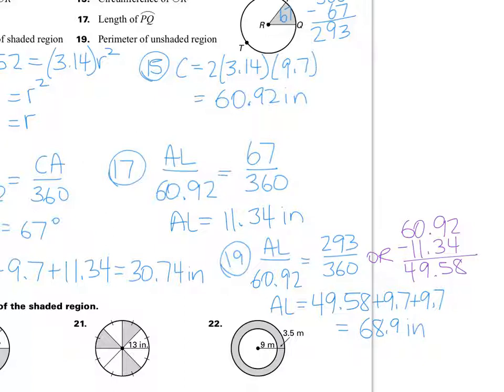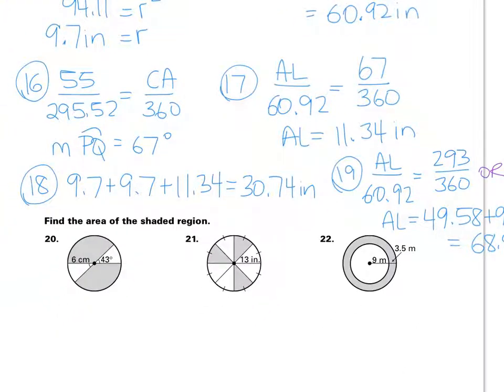So you get the 49.58 that way, and then still need to add the 2 radii. Just another way. Don't always think of that stuff.